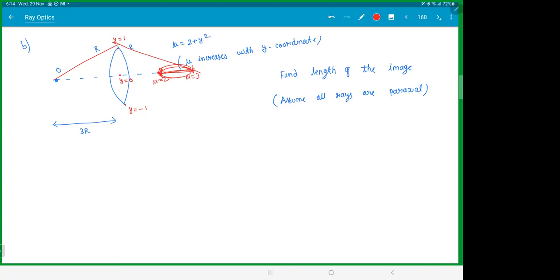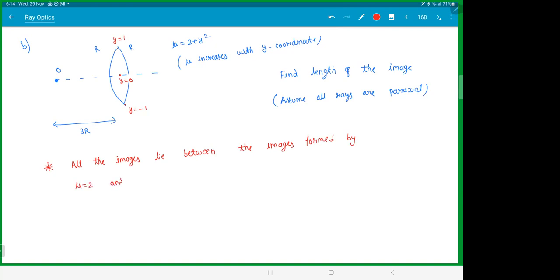Okay, we have 4 different answers: 7R, 18R by 55, 6R by 35, 2R. I'm not sure. So here the logic is that all the images lie between the images formed by mu is equal to 2 and mu is equal to 3.